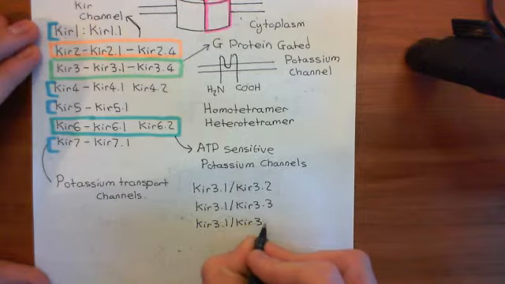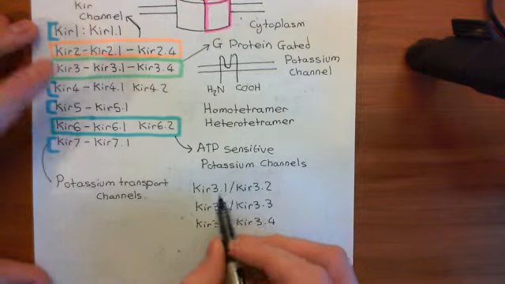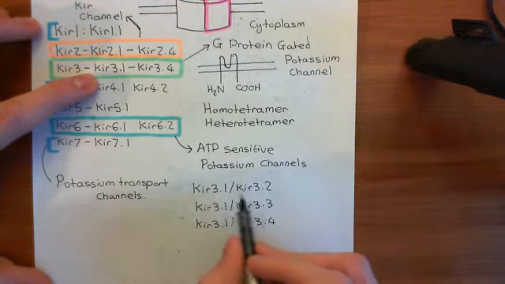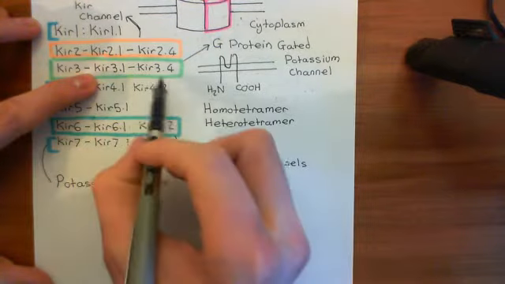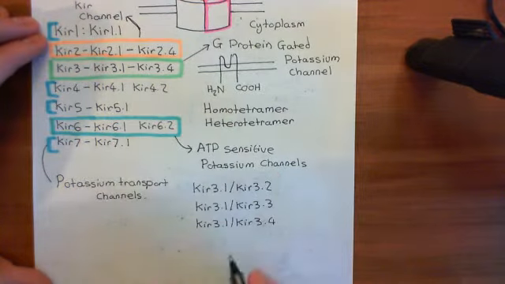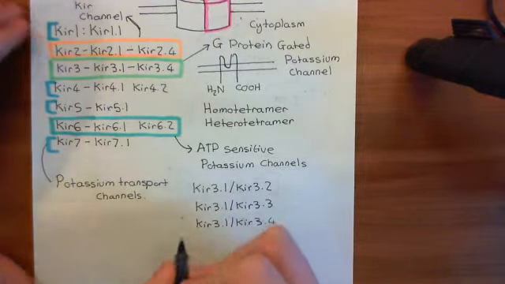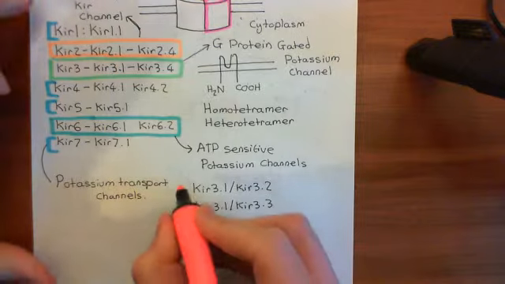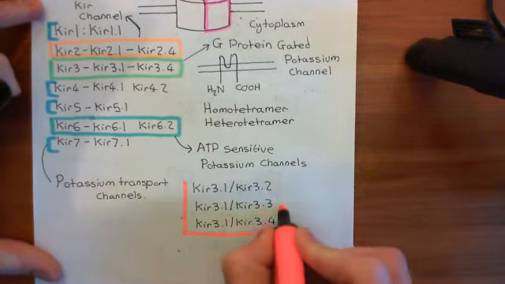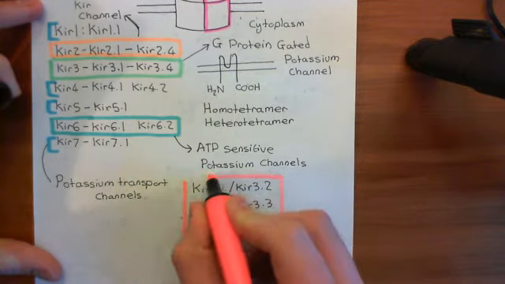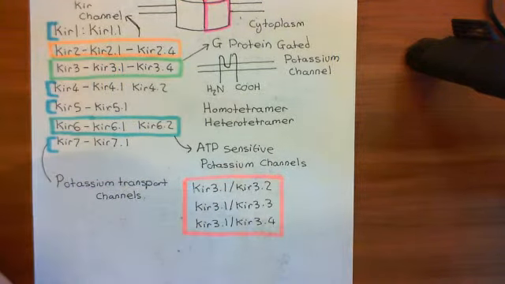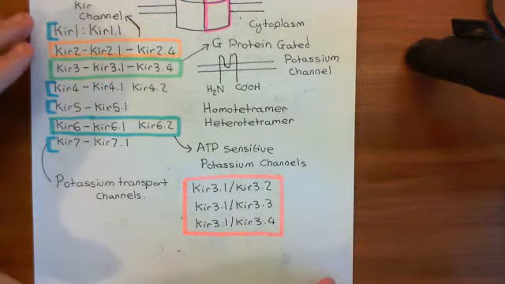So you can see from that that it's the KIR 3.1 subunit of the inwardly rectifying potassium channel paired with every other option it has, basically 3.2, 3.3 and 3.4. So these are the three heterotetramers of the inwardly rectifying potassium channel subunits that you generally find producing these G protein gated potassium channels.